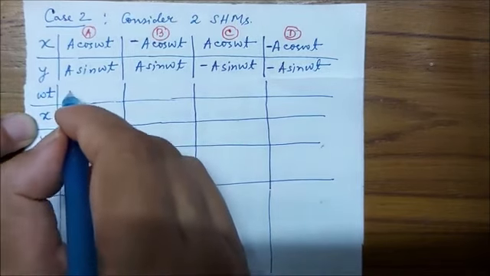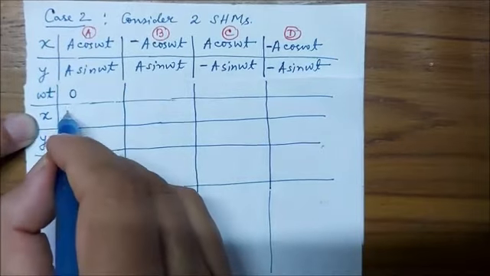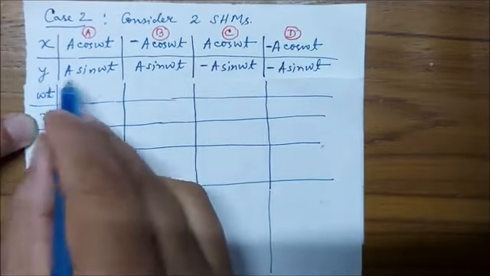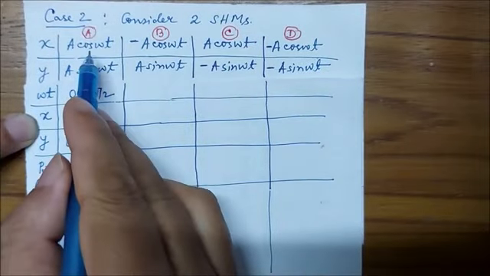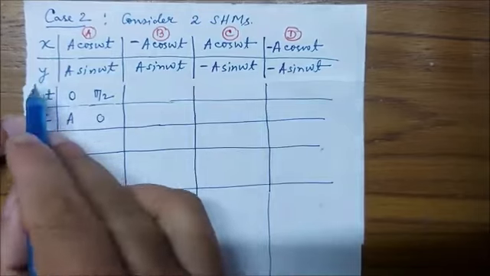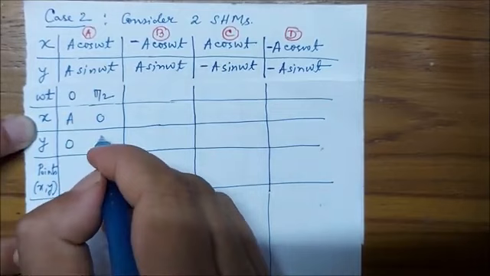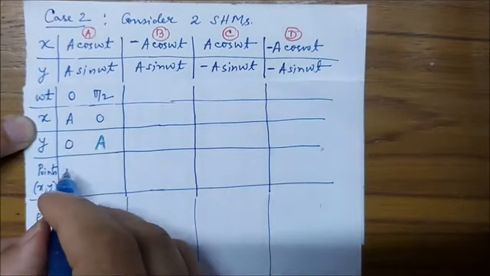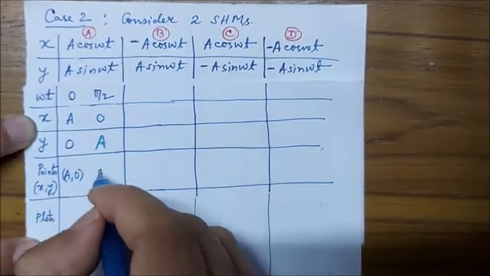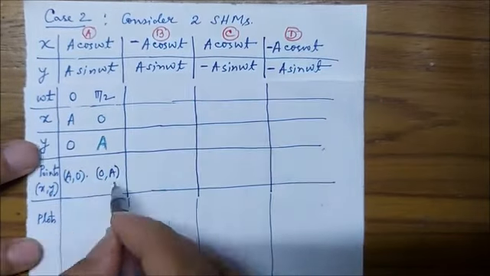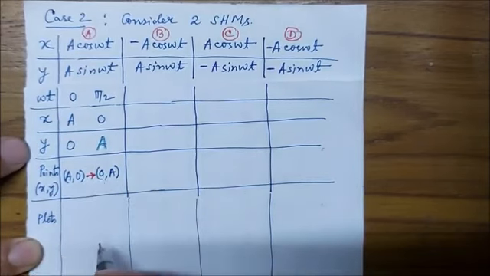For omega t 0, x in case 2a is a and y is 0, and for omega t pi by 2, cos pi by 2 is 0, so x is 0 and y is a because sine pi by 2 is 1. So the points are a, 0 and here it is 0, a. So the movement is from this to this point, which we will show in a plot.